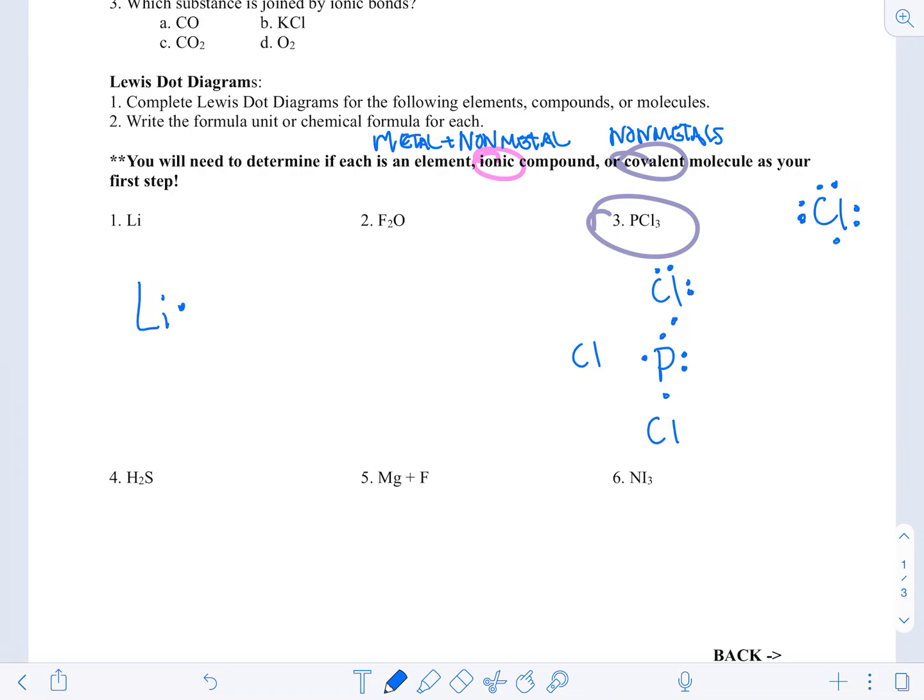And you need to remember that when you are talking about a covalent compound, it essentially is sharing electrons. So it is not like an ionic compound, which is not sharing electrons.